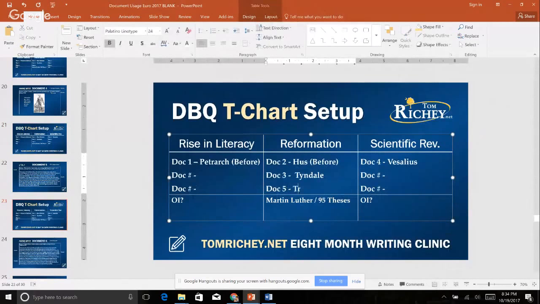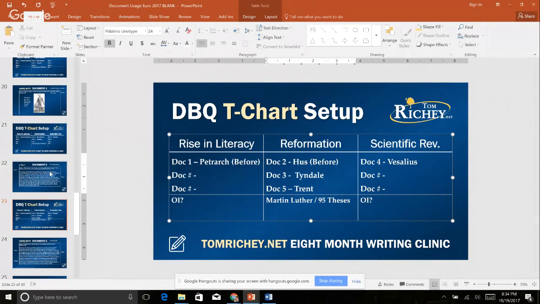Now, as far as that goes, you want to make sure that you don't put 4 documents in a group, because that's going to be hard to do. So if you ever find yourself with 4 documents in a group, your categories are getting too broad, so divide that into 2 groups of 2. So what we've got here for the Reformation, I've got 3 documents, plus I can bring in Martin Luther.